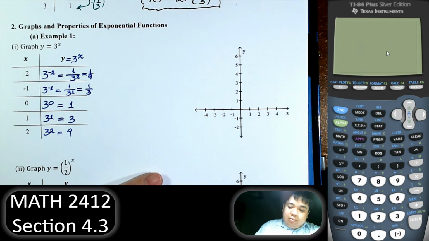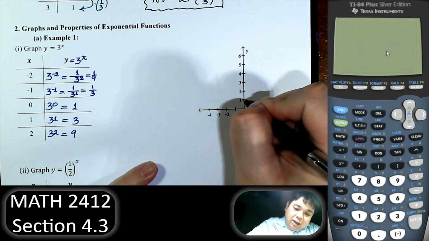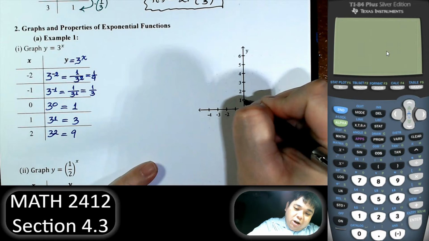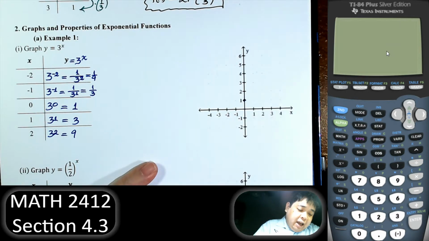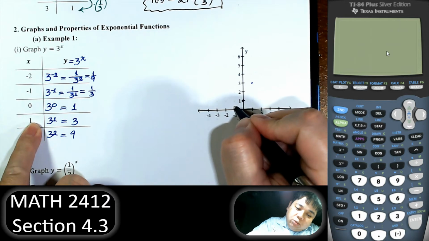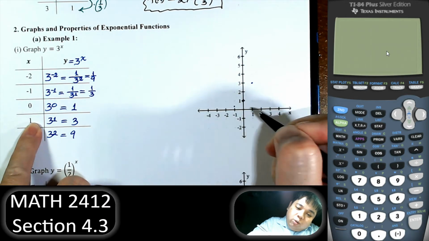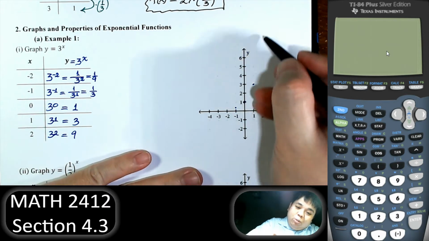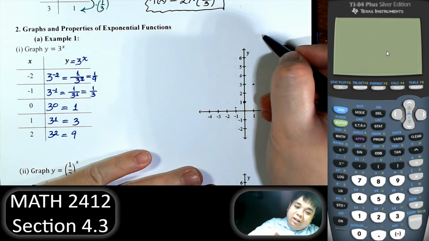Right. x equal to 0, y equal to 1. x equal to 1, y equal to 3. x equal to negative 1, y equal to 1/3. And then x equal to 2, y will be 9, way up there.